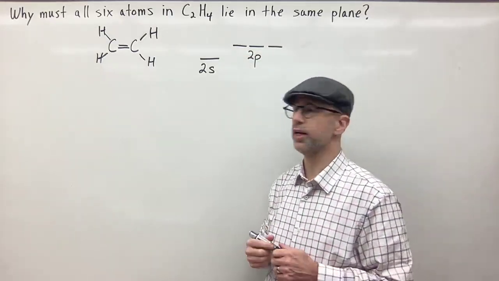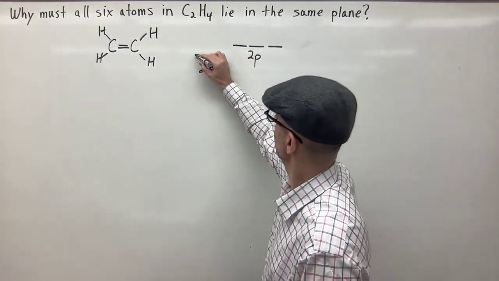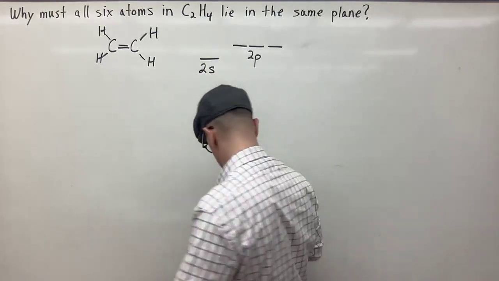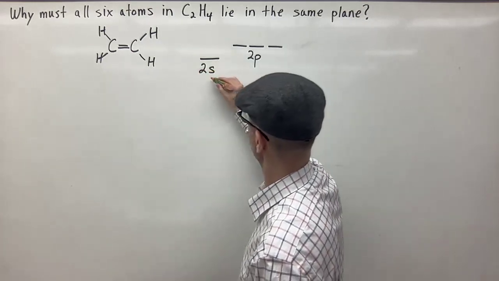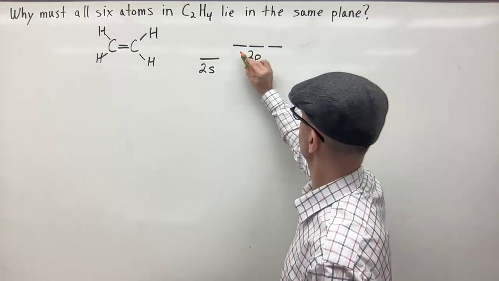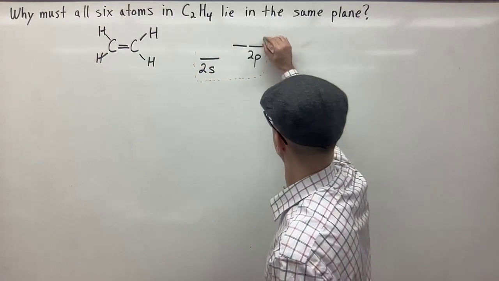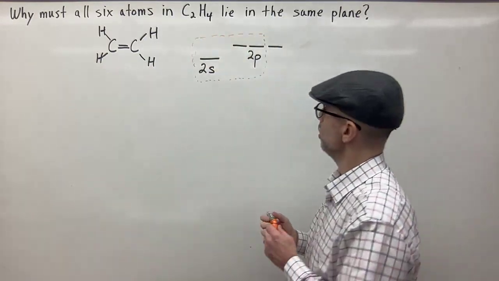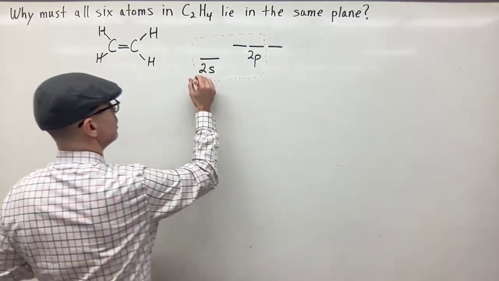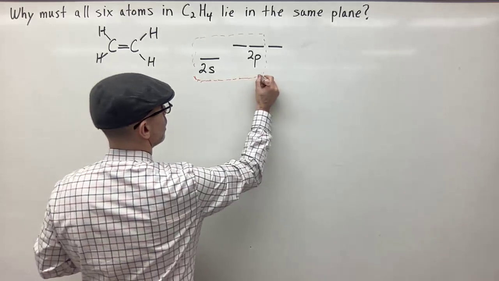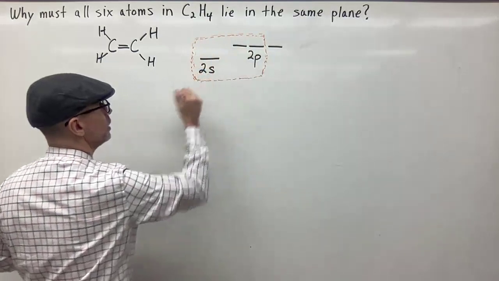Since we need three, we're going to need this one here, and we'll need two more to get three. So we'll need those three. I don't know if you can see that very well on my board.